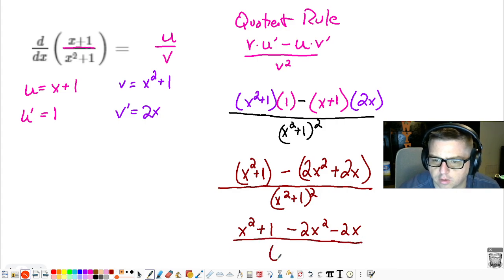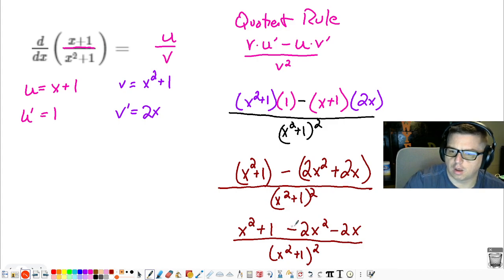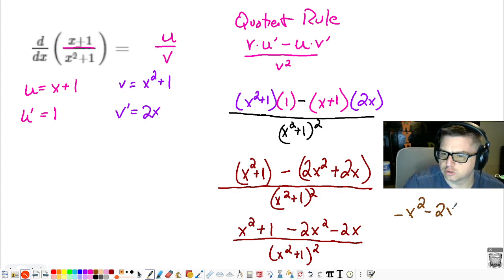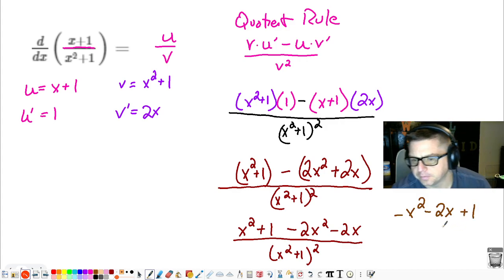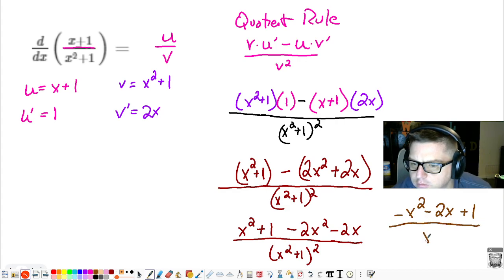Make sure it's all over our denominator. And we're going to get, as a final result, negative x squared minus 2x plus 1 over x squared plus 1 squared.